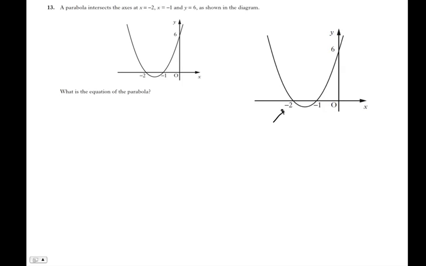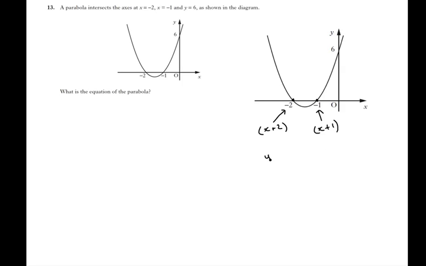So you should now appreciate that that crossing point corresponds to a factor of x plus 2. Minus 2 is the value that makes this factor 0. This crossing point on the x-axis corresponds to a factor of x plus 1.